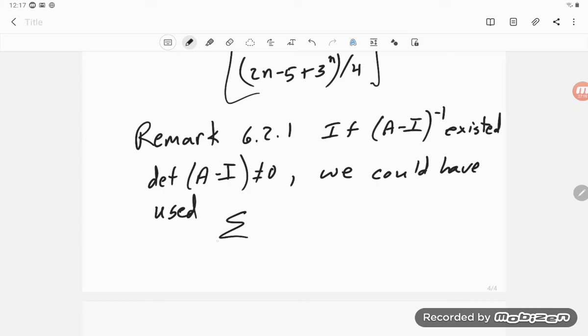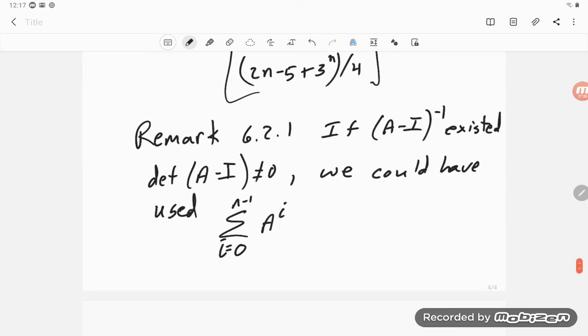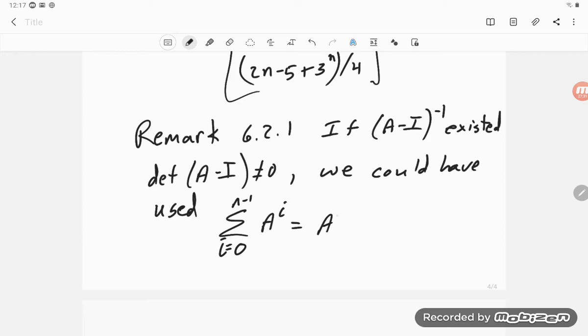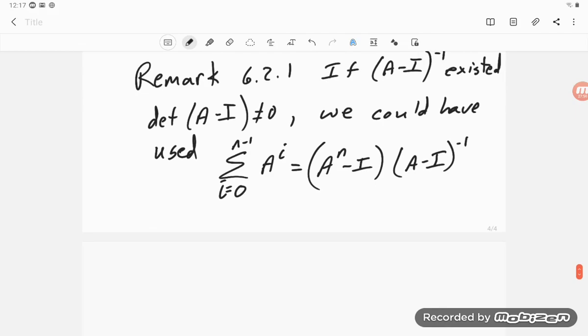So the sum from i equals 0 to n minus 1 of A to the i, where A to the 0 is the identity matrix. They said we could use that, that's (A to the n minus I) times (A minus I) inverse. Okay, so yes, that's very nice.